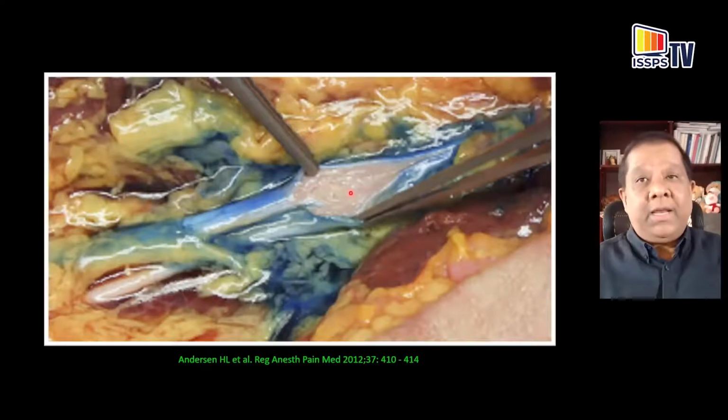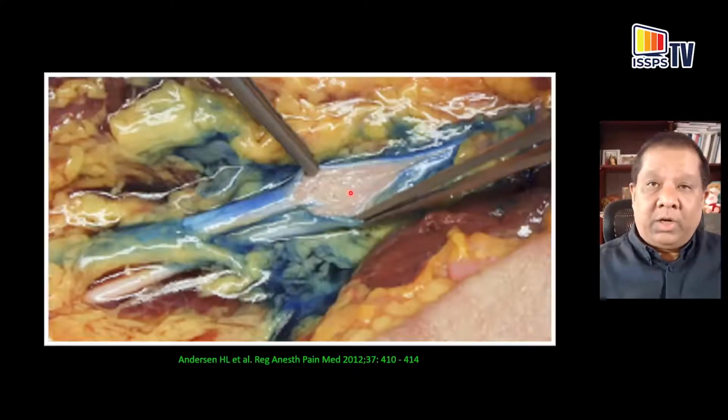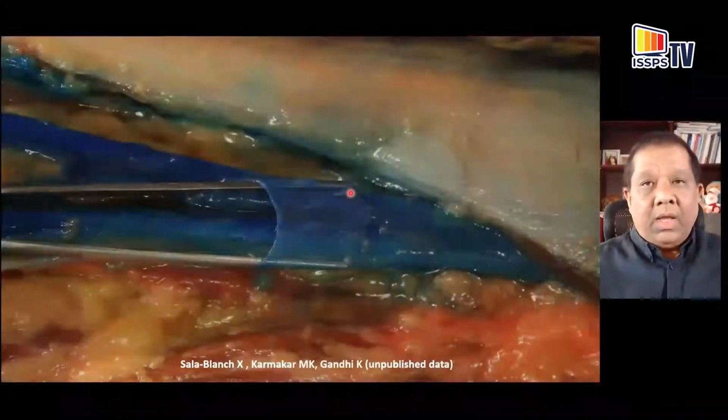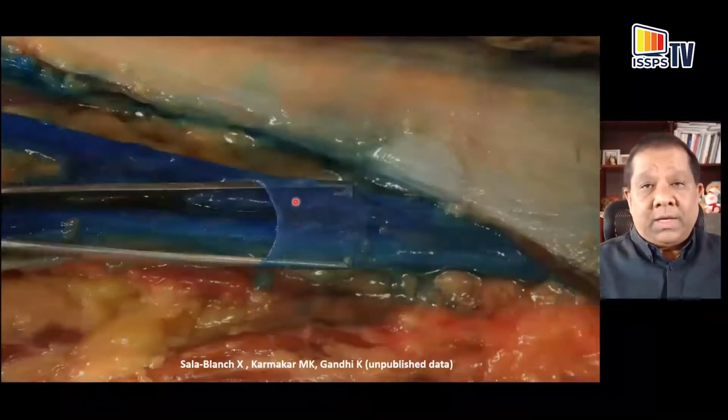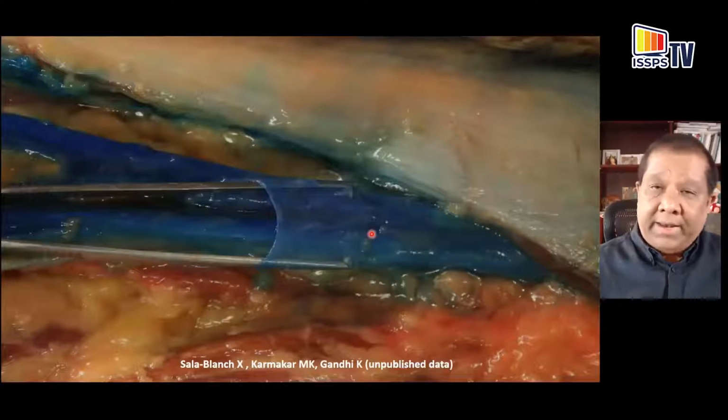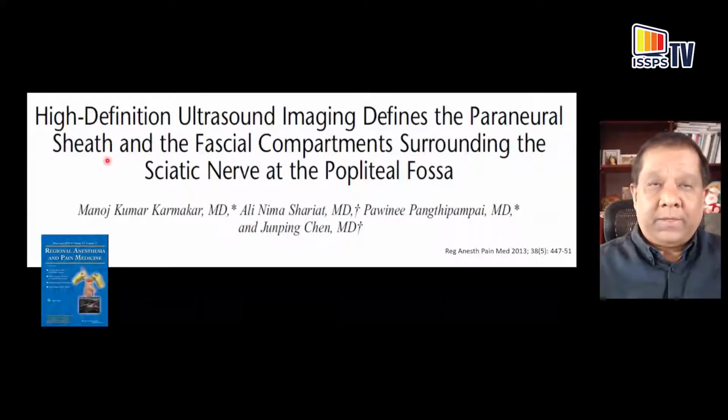So it is indeed an extraneural injection, given that the epineurium of the nerve is the outer skin of the nerve. As I showed you before, this is a collagenous structure, very elastic. It is transparent, and it tends to hold the local anesthetic or an injectate deep to it. But if you inject enough volume, it will eventually burst and dissipate to the surrounding perineural space.